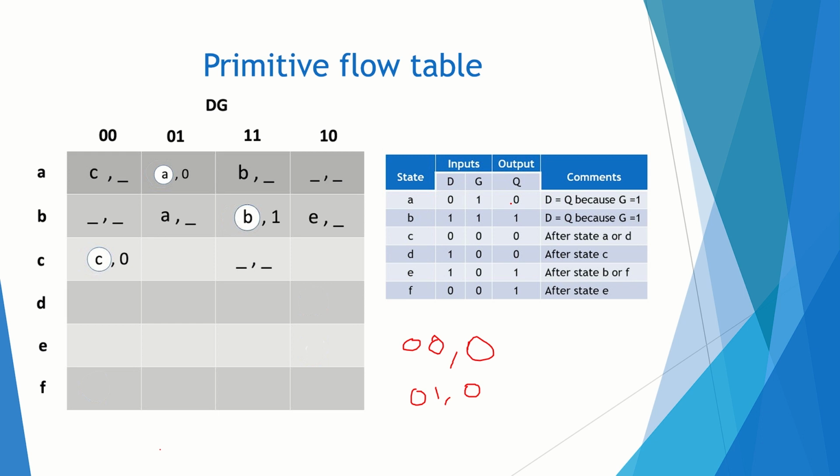That is 0 1 0, that is state A. I give A comma dash, and then the next state is 0 0 0, the state C. The other combination is when it goes to 1 0. That is when G is equal to 0, the state is maintained here, so it is 0. Let us see what this state is here. It is D state. So D comma C comma dash.